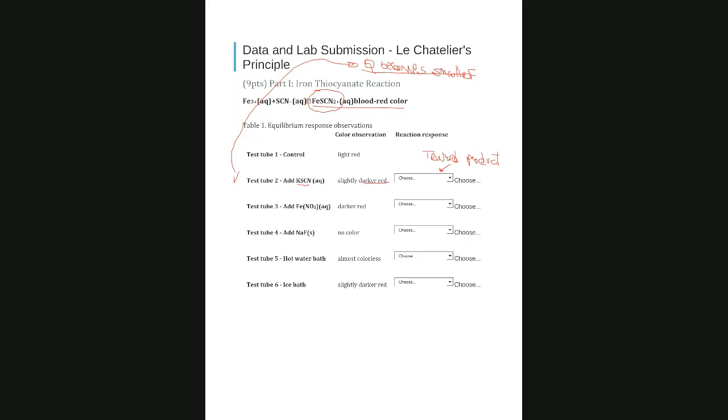Basically, you don't see the red because you have almost everything as iron and thiocyanate, until, of course, it recovers and tries to reach equilibrium again. Does it make sense?